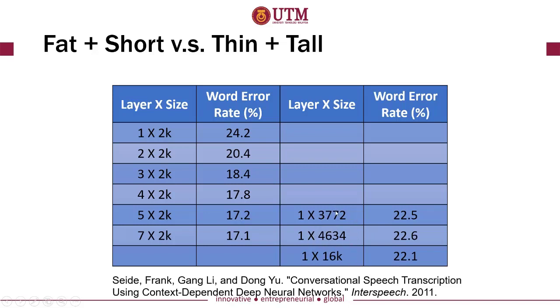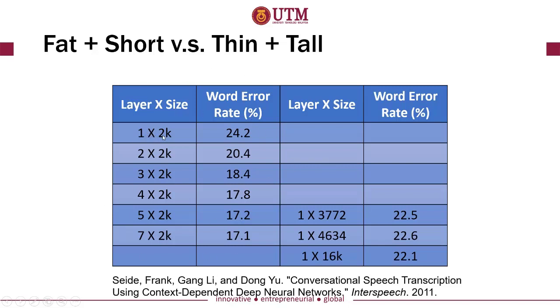You are multiplying the neurons by 4, making it 4 times more, from 4000 or 3700. You just increase the neurons 4 times more than before, and you only reduce the error by 0.4%.